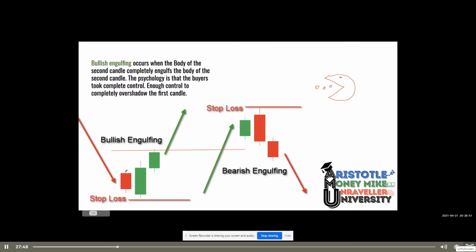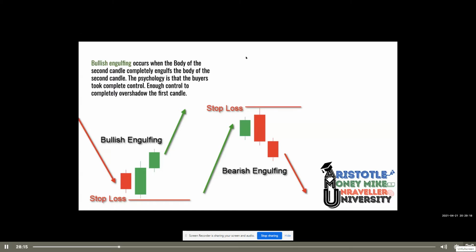So if I was to draw this wick a little longer, this would still count as an engulfing pattern. Why? Because all that matters is the body, right? So it engulfs this, and vice versa here. But it has to be the candle on the right side.